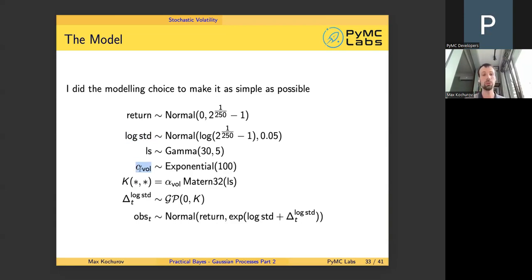So if we scale our kernel by alpha, it means that the variation on the relative scale of our standard deviation should be the square root of alpha.